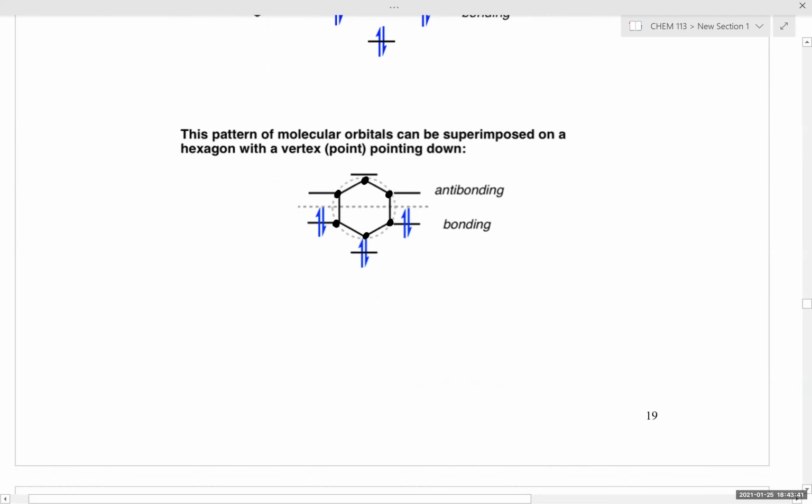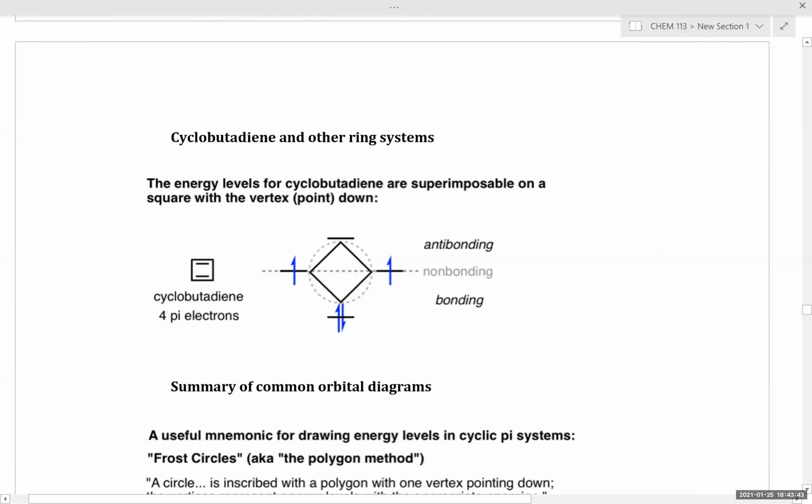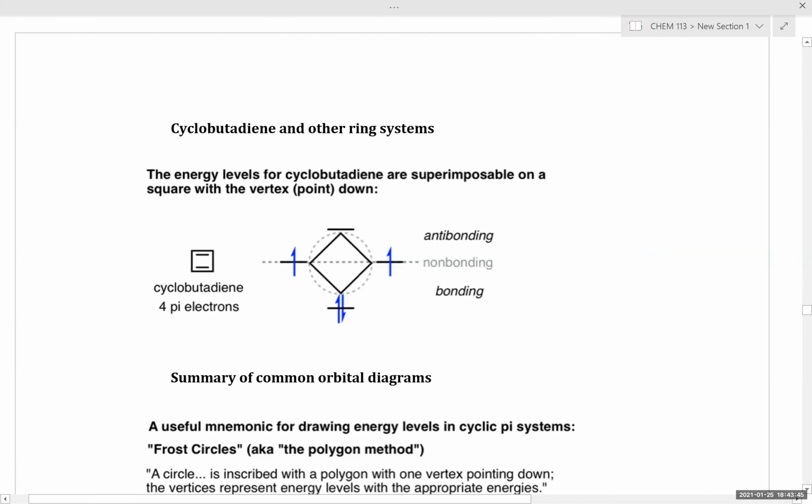Okay. Looking at, for example, cyclobutadiene, we see 1, 2, 3, 4 points intercepting. And since we have two orbitals at zero energy, we call these non-bonding molecular orbitals.